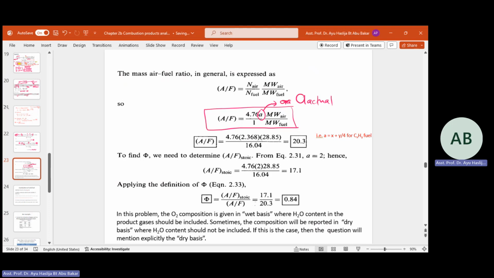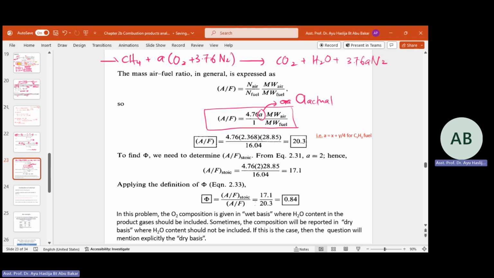But sometimes you will get confused: A actual, A stoic. How to differentiate stoic and actual? If it is stoic, we simply take the fuel and the stoic combustion equation. The products are this one, 3.76 A and N2.